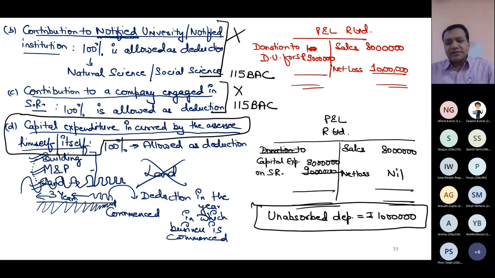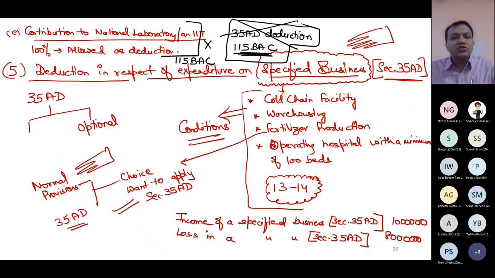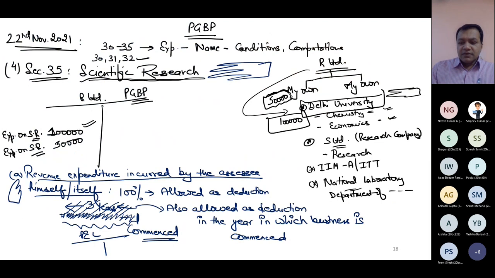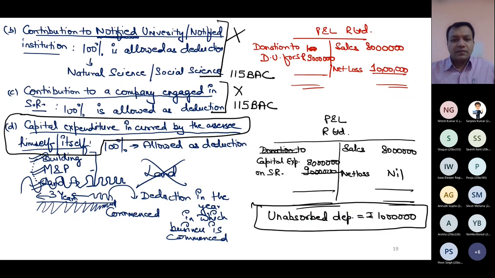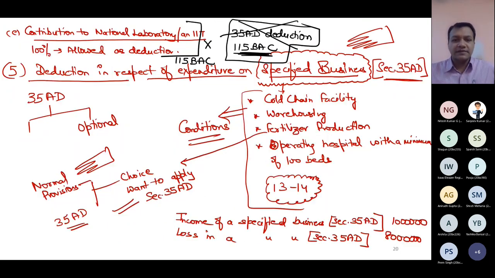Contribution to a company which is engaged in scientific research not allowed. Contribution to national laboratory not allowed. Deduction for section 35 AD not allowed when I opt to pay tax under optional taxation scheme. If I opt to pay tax under optional taxation scheme, revenue expenditure will still be allowed, no problem. Capital expenditure will still be allowed, no problem.